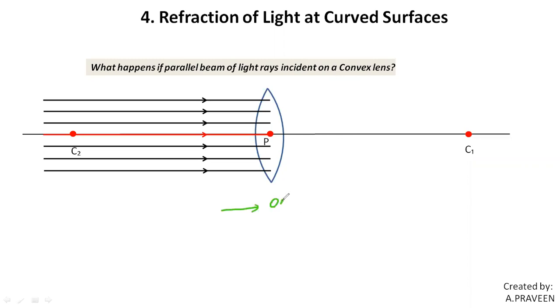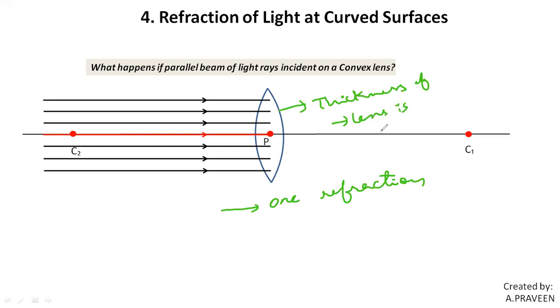Because the thickness of the lens is very less compared with its radii, the thickness of the lens is negligible. In this case, we treat light rays as propagating from air into the lens without any deviation.